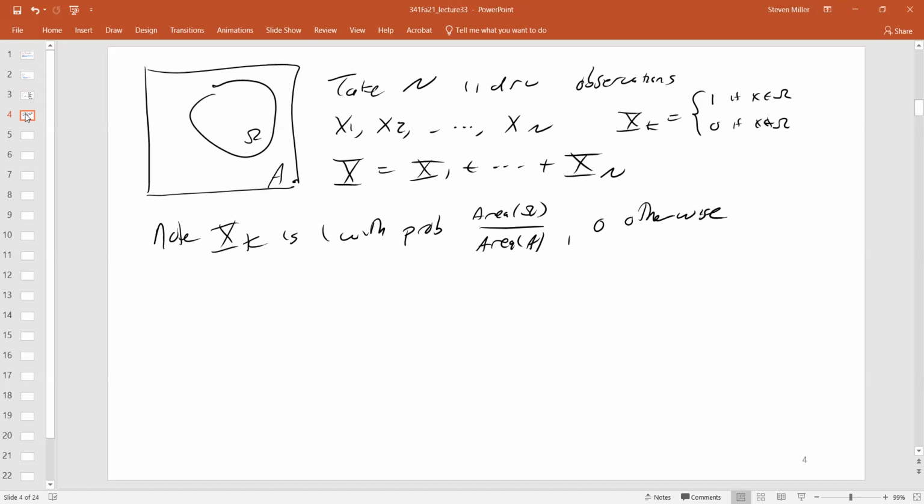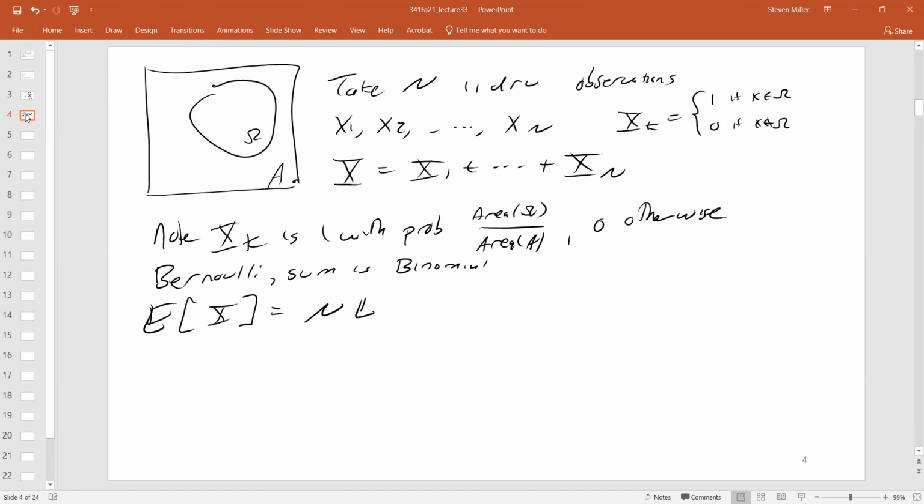What kind of random variables are these? Again, this is a review of the semester. Not Poisson, not binomial. Bernoulli, right? What is their sum? The sum is binomial. What's the expected value of x?